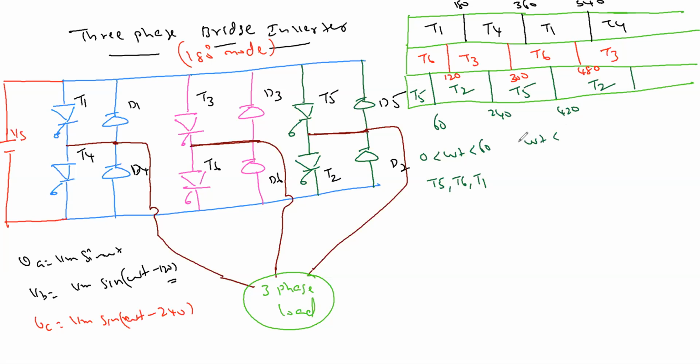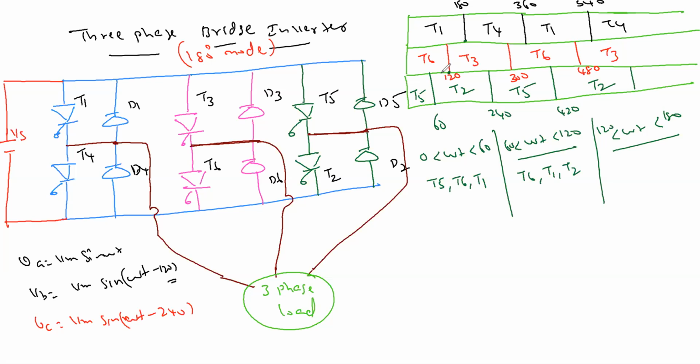Next, omega t 60 to 120. Who is conducting? In 60 to 120, 5 is done: 6, 1, 2. Do you agree with me? T6, T1, T2. Next, omega t 120 to 180. 120 to 180 means from here to here. Who is there? You can see.